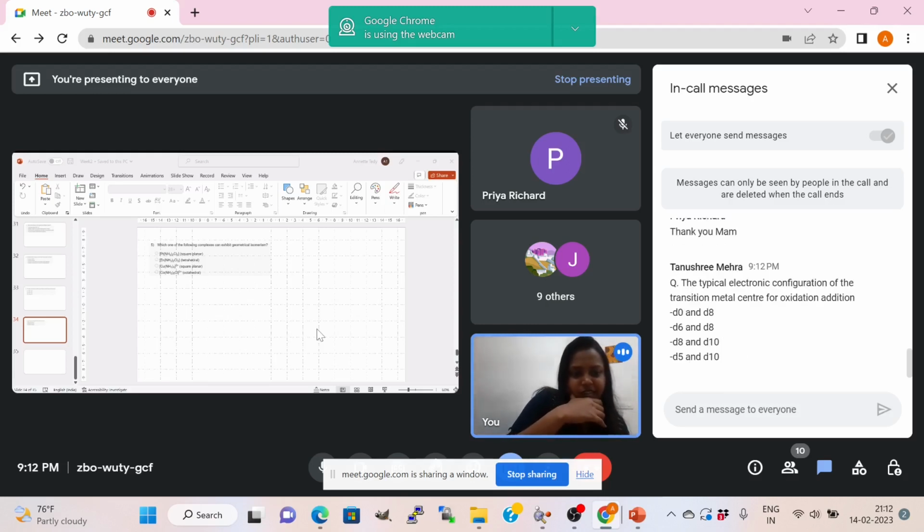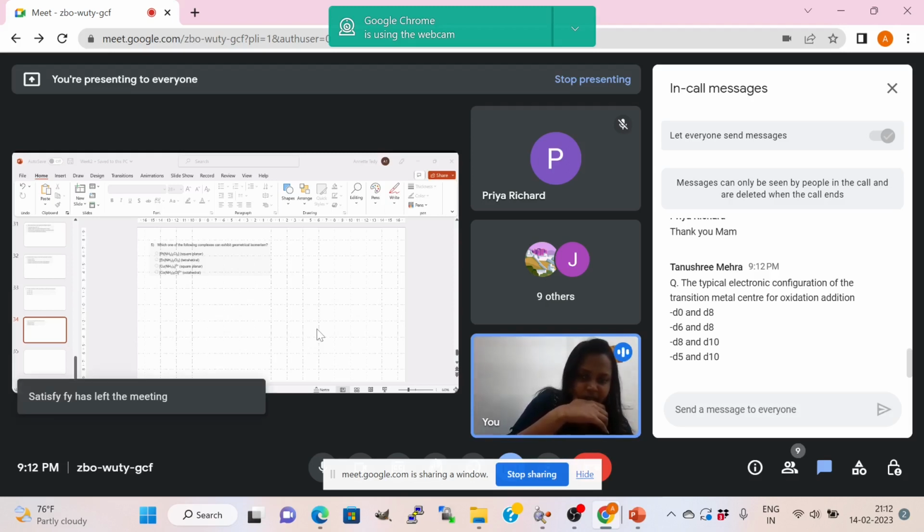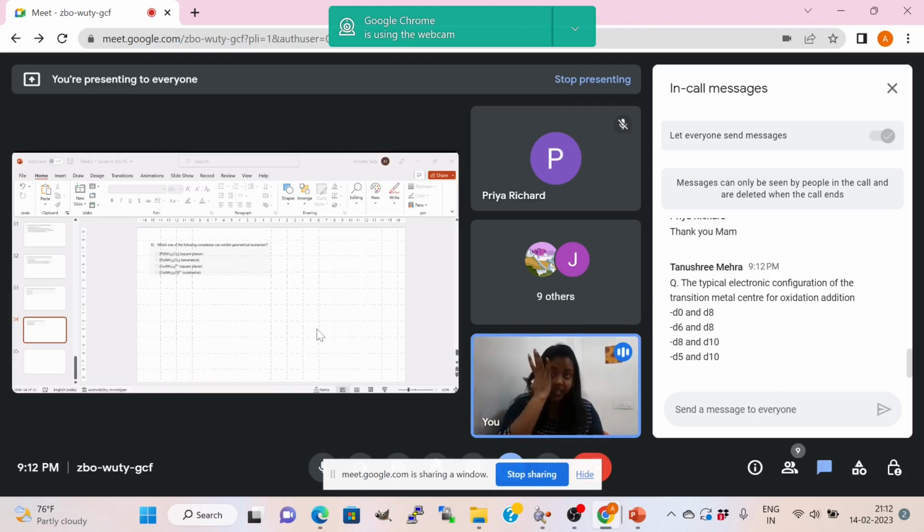The typical electronic configuration of a transition metal center for oxidation addition: D0 and D8, D6 and D8, D8 and D10, D5 and D10. Basically, oxidative addition is where we are adding a ligand and at the same time the metal is getting oxidized. So first we have to think who will get oxidized.